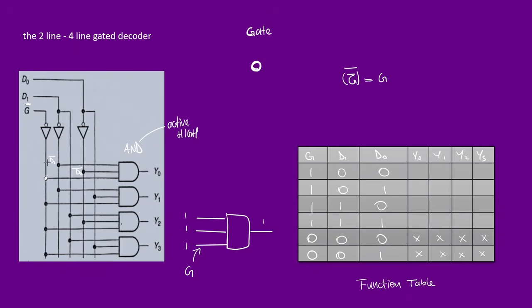So we have Y0 equal to not D1, not D0, which is equivalent to 0, 0. So that's the case we have here. I'm going to fill this as a 1.